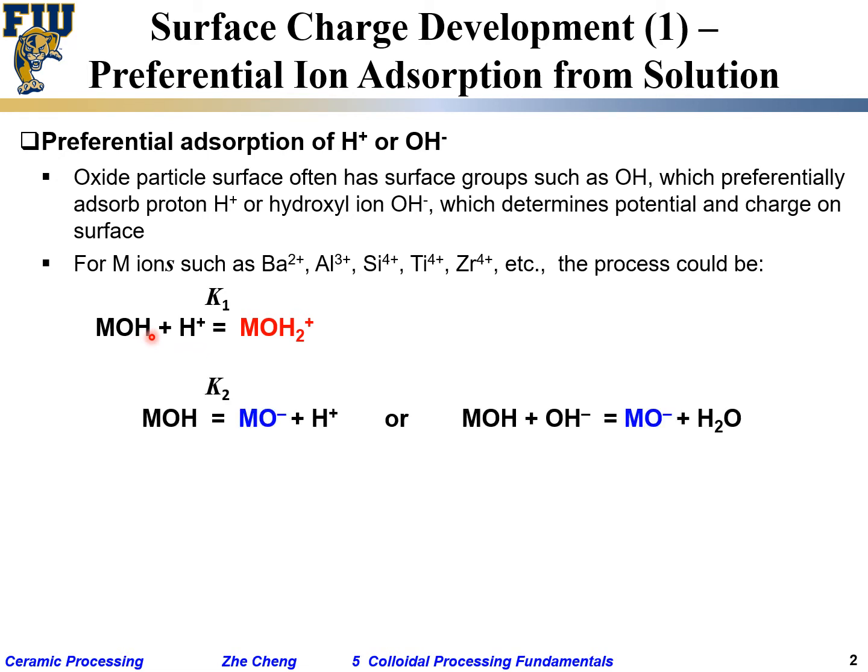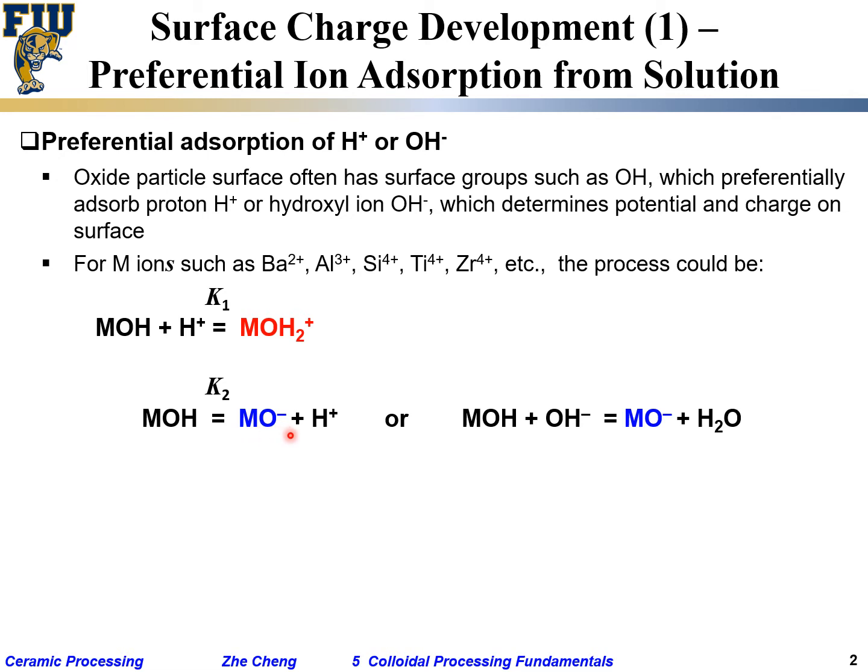Okay. Or in some cases, the surface is covered by initially neutral OH group, but then the suspension contains certain things that attract away the proton, and then I'm having a negative charge, MO minus.